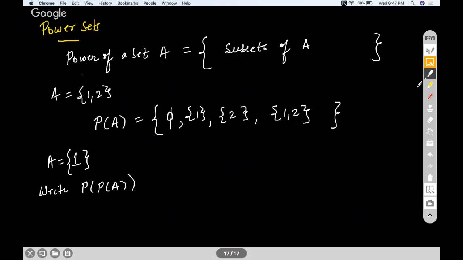Okay, now let's solve this question. Now power set of A will contain only two elements, null set and the set 1 itself.